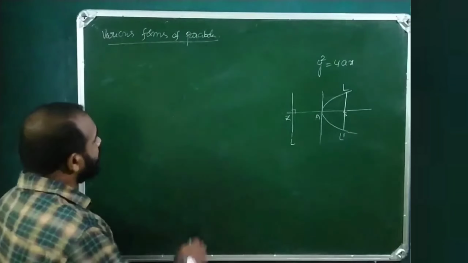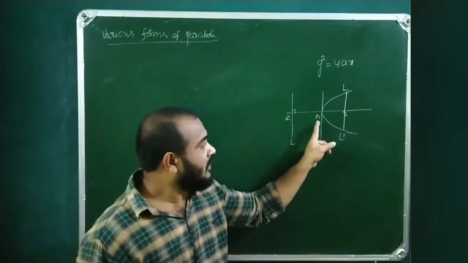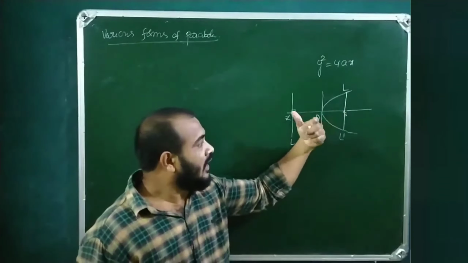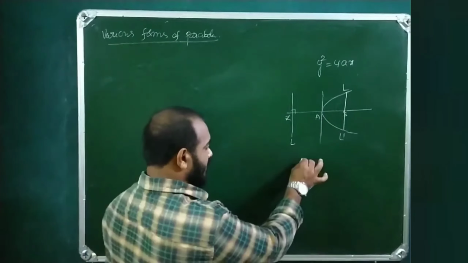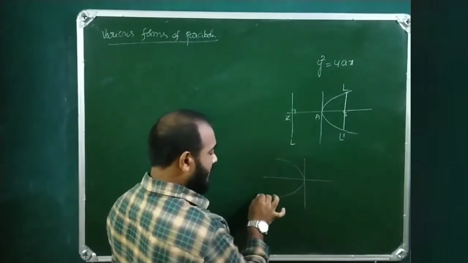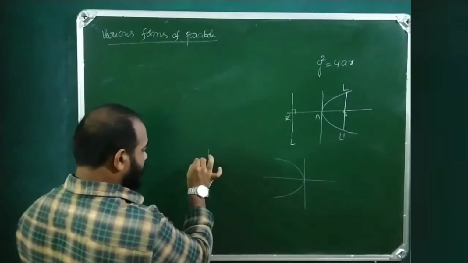One more thing, the parabola is not only in this form, but it may take several forms. The parabola can either be in this form as well, otherwise in this form also.